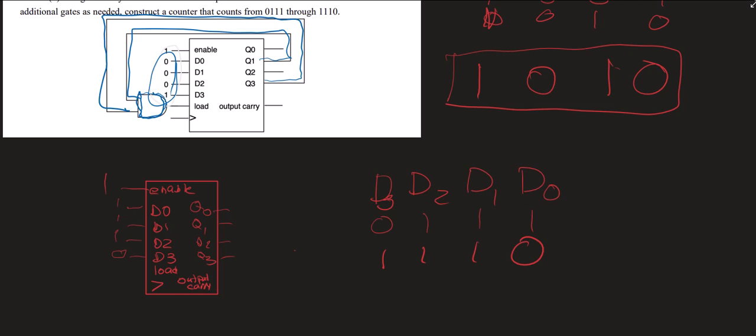So we'll have the AND of D3, D2, and D1.